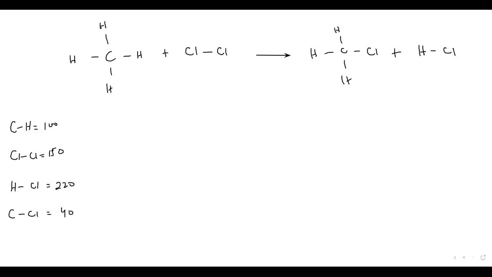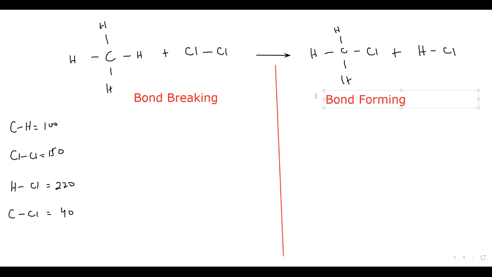So first, you divide this into two parts. The left hand side, the reactant side, is the bond breaking side, and the product side is the bond forming side. For bond breaking, first we write how many bonds are breaking.